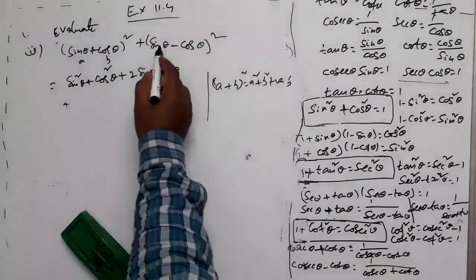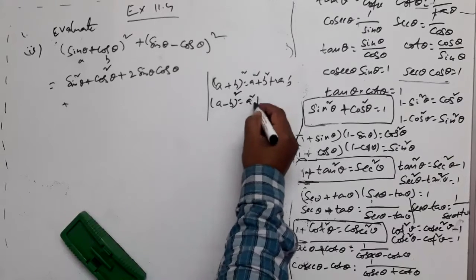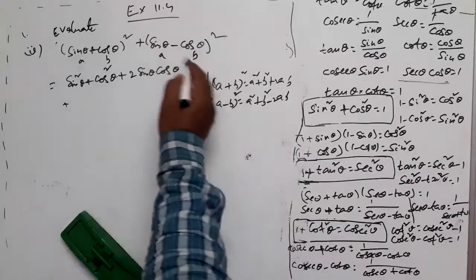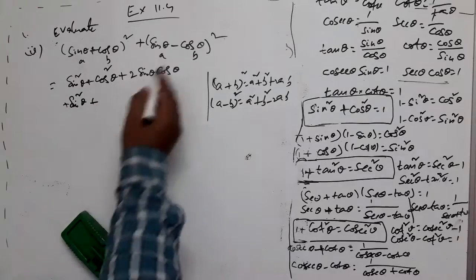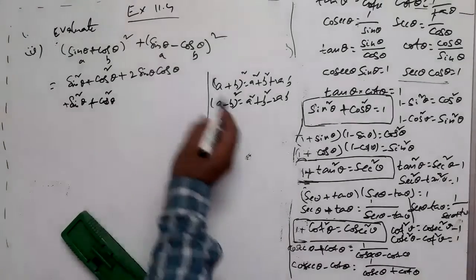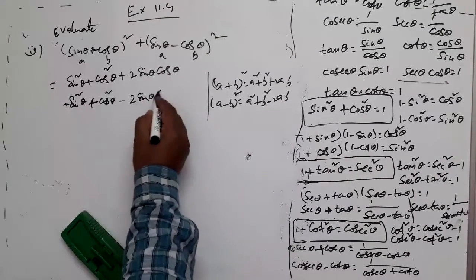Plus, in the same way, this one. This is of the form a minus b whole square, that is a square plus b square minus 2ab, we know. Now tell me, a square is sin theta whole square, that is sin square theta. B square is cos theta whole square, that is cos square theta, minus 2ab, that is minus 2 times sin theta into cos theta.